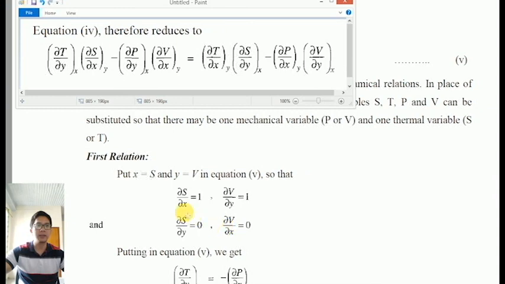So we have del S by del S equal to 1, del V by del V equal to 1, or we can say del V by del Y, because we are going to put in this equation. And del S by del Y and del V by del X are equal to 0.